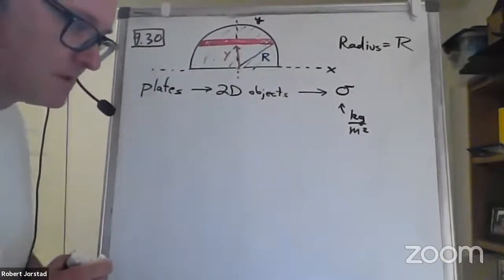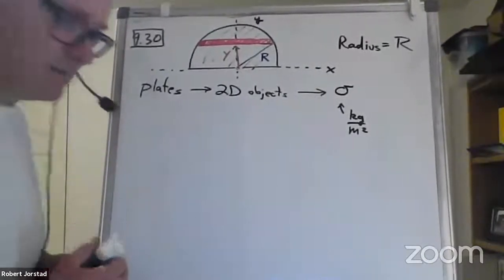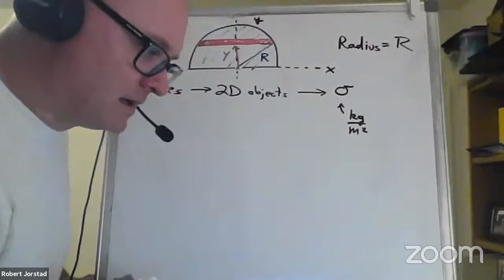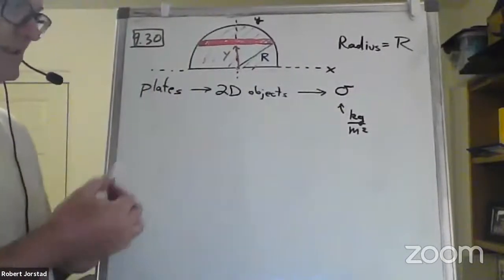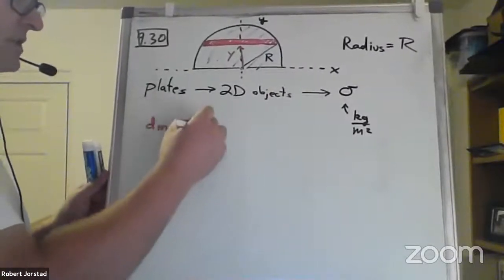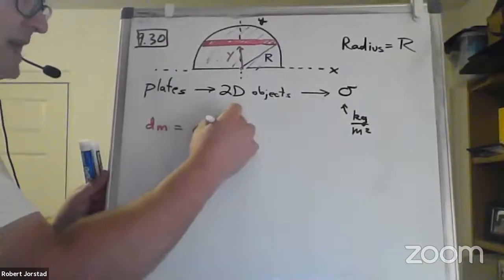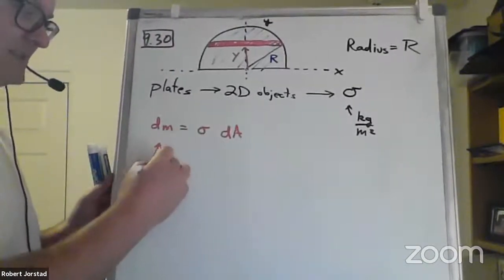All right, so now in this case, we've done parts A and B already. Okay, cool. In terms of only y and r, I need the area of my slice. So you probably know this, right? dm is equal to sigma times dA. This is the mass of my slice.